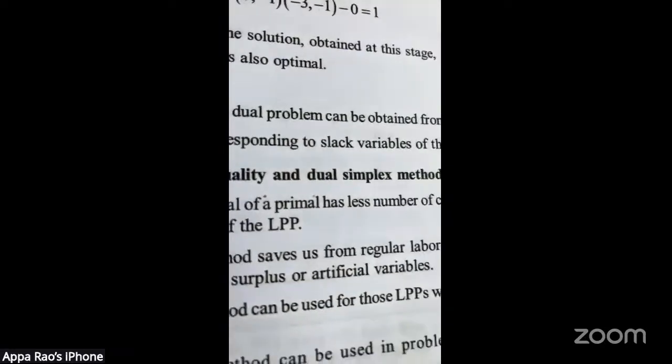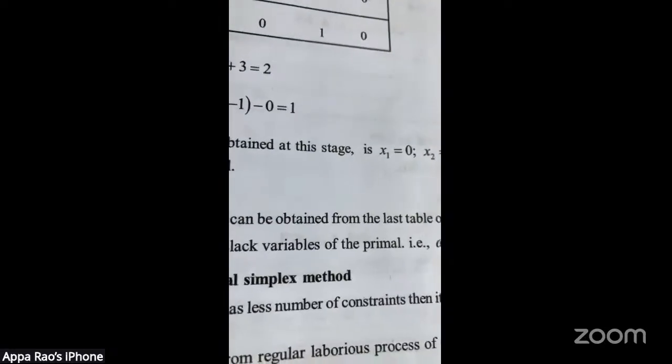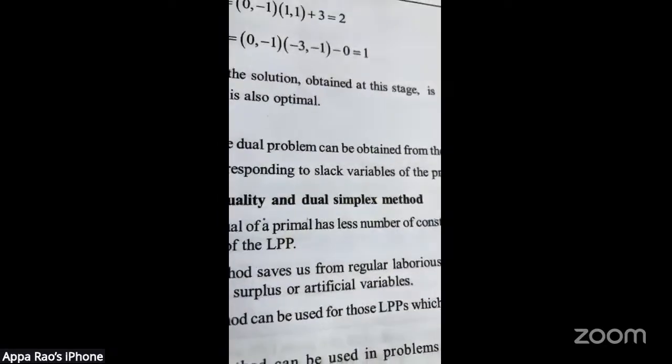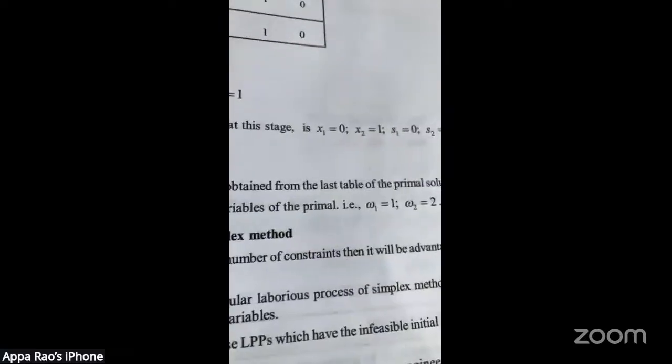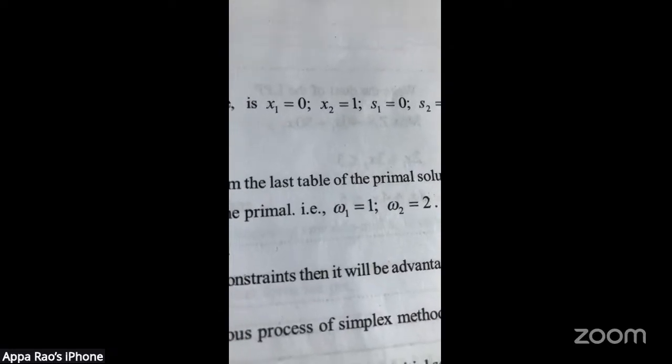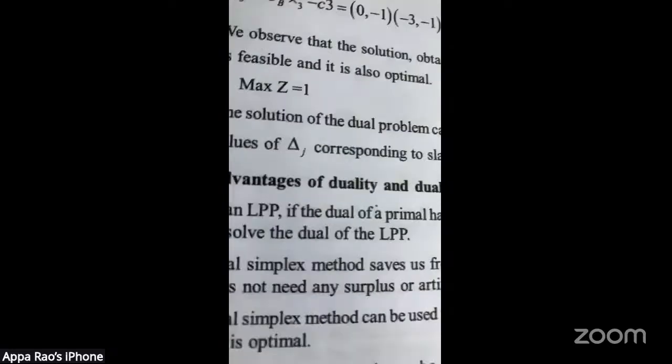The solution of the dual problem can be obtained from the last table of the primal solution, as the values of delta j corresponding to slack variables of the primal, that is omega 1 equal to 1, omega 2 equal to 2.